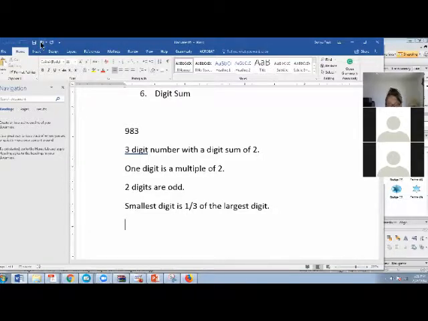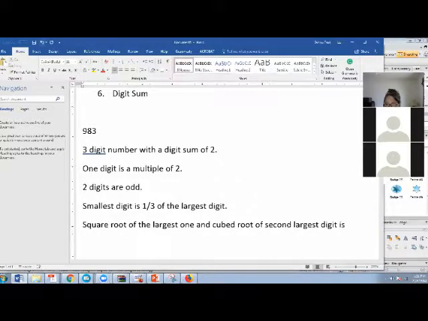So the square root of the largest one, and the cube root. I mean the difference between.